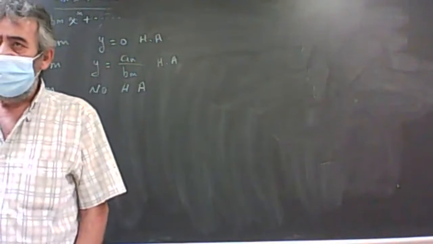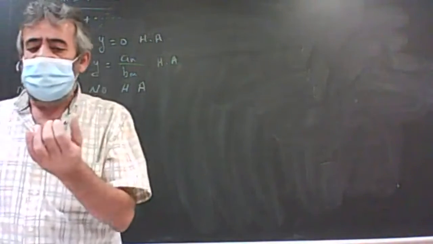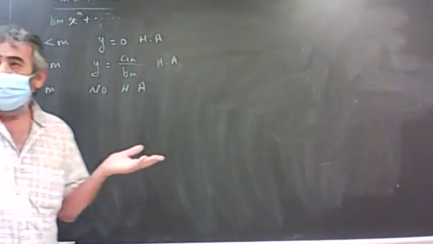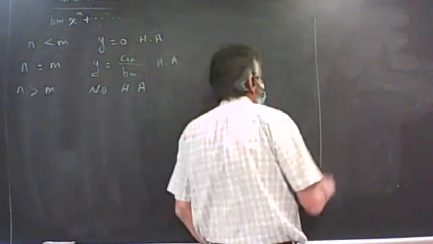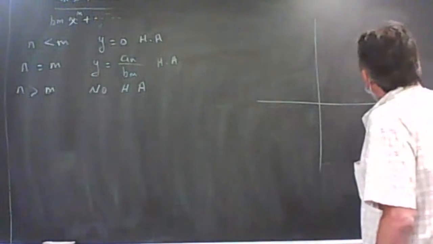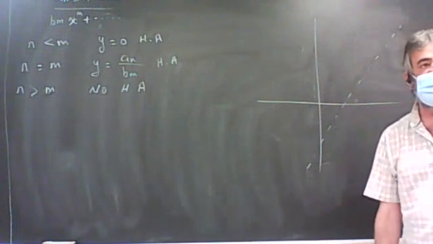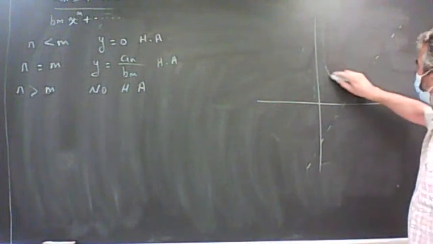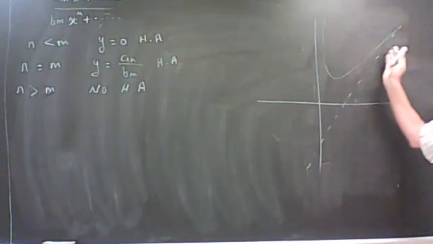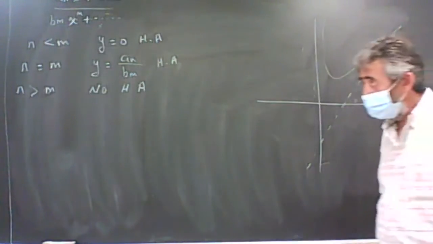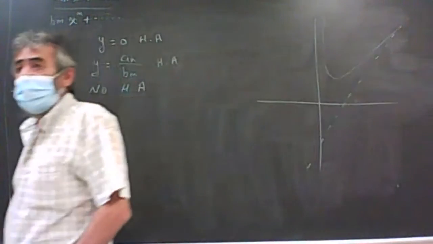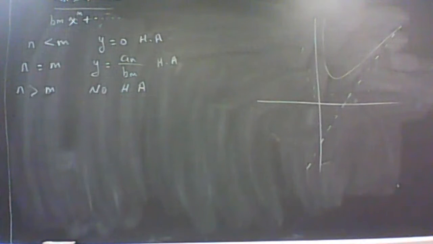But is there any other asymptote? Yes? We have what we call a slant asymptote. What is a slant asymptote? It's an inclined line. So the graph may go something like that, along this line. Yeah? Okay. How do I determine if I have one?